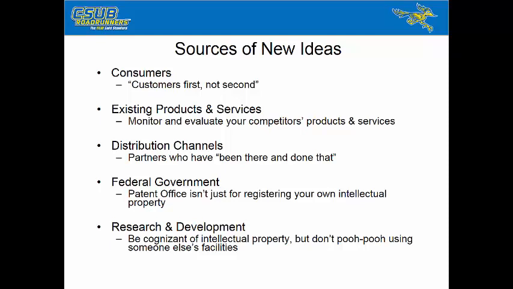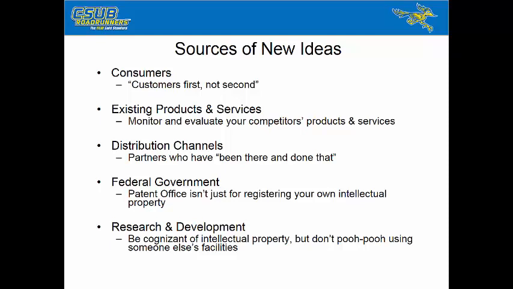Existing products and services. Taking a look at your competitors' products and services is also a great way to come up with new ideas for your own products. Identifying what works well about their products and services, what is missing, what could be added on, how it might synergize with other products and services.